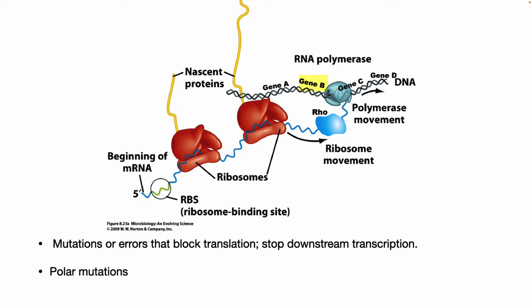Because you have this open stretch of DNA after that truncation of the peptide, Rho will come in and pull out the transcript. And thus both C and D will also not be transcribed or translated. These types of mutations are called polar mutations, and they only occur in prokaryotes where transcription and translation are linked.